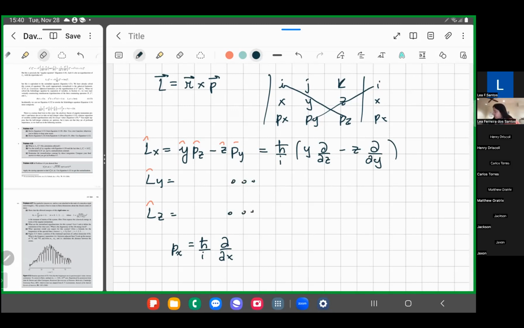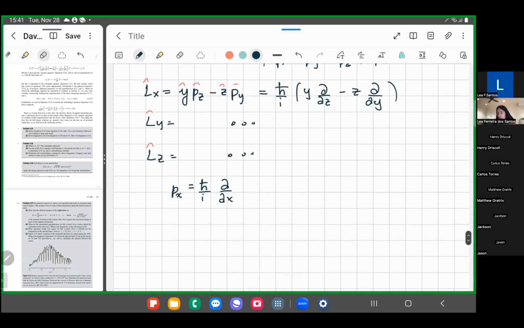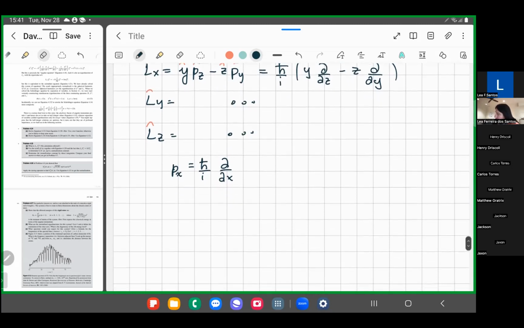Playing with the commutators between these operators is something important for you to know, so be sure you know how to solve that. We found out that none of these pairs commute. So none of them commute. It's always different from 0. And it's even easy to find the relation from this commutator. We use this cyclic relationship.